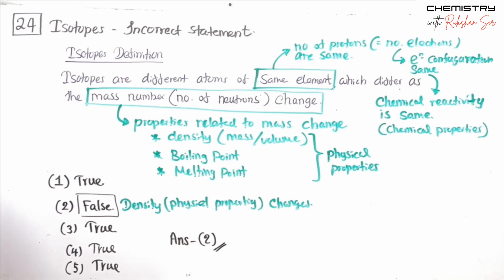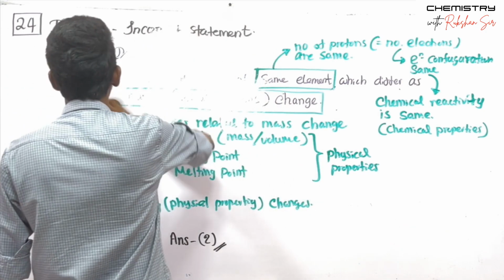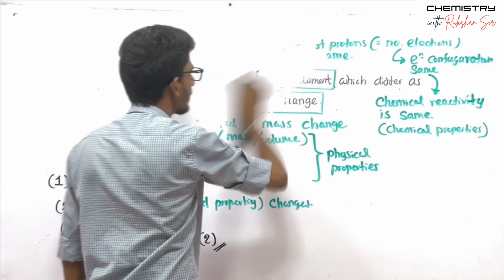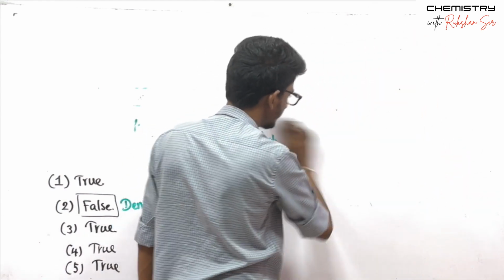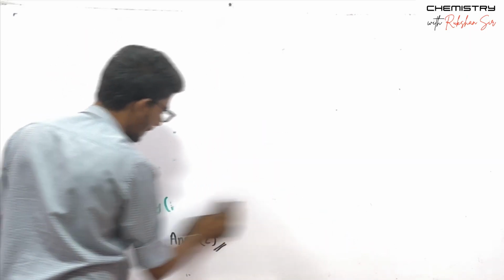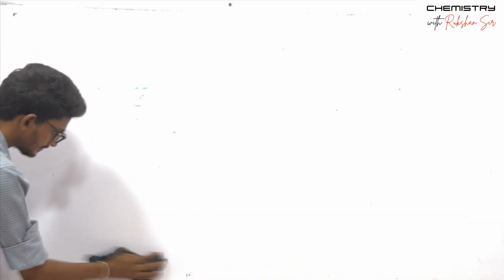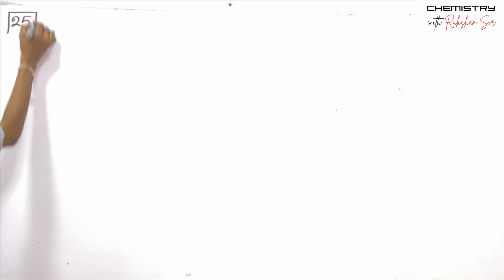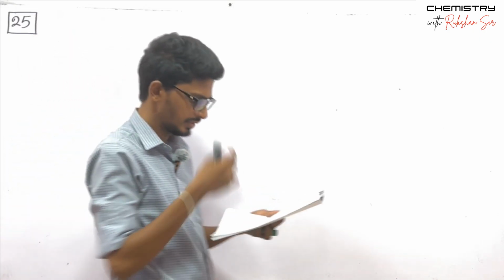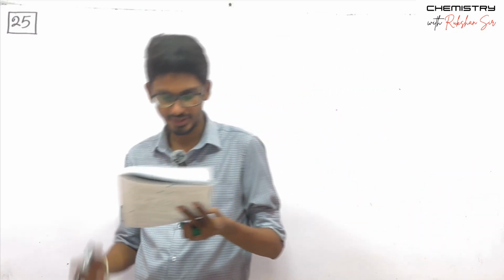Let's move to question number 25. The number of electrons and the number of neutrons present in the magnesium 2 plus ion, 25 12 Mg, are respectively.